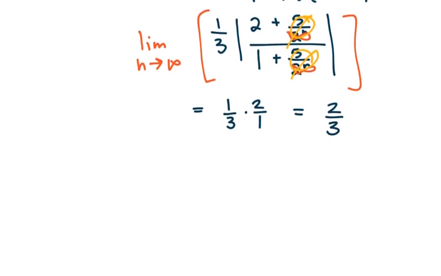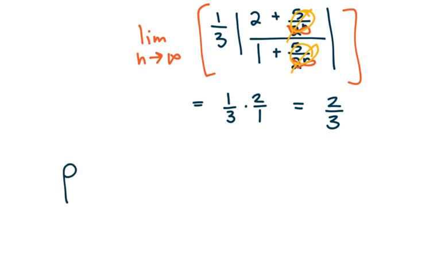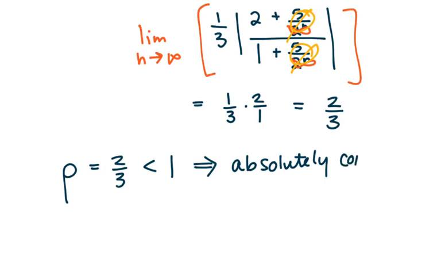So my rho value is equal to 2/3. And since rho is equal to 2/3, that is less than 1, we can say it is absolutely convergent. So we know if it's absolutely convergent, it converges. All right?